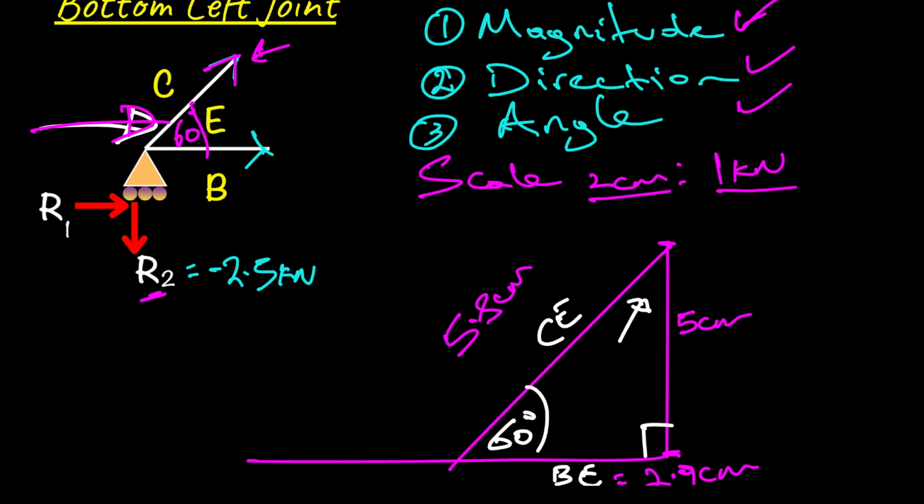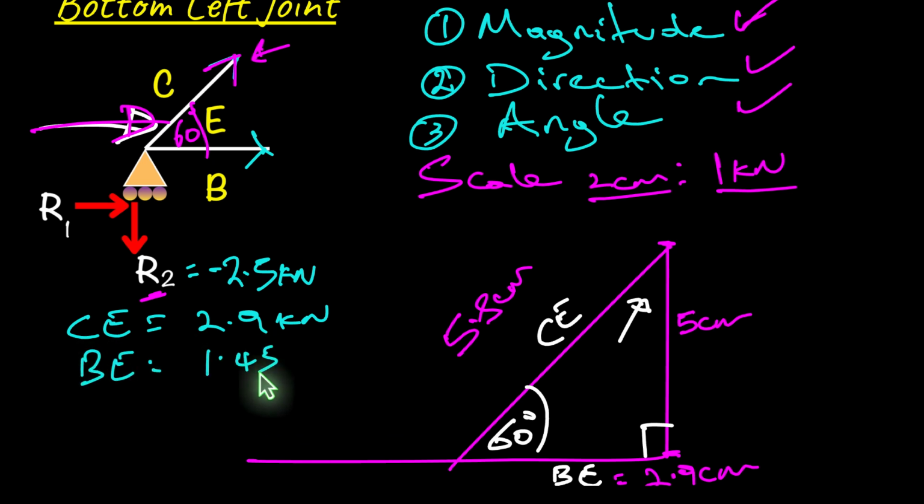So CE, when I divide 5.8 by 2, gives 2.9 kilonewtons. And when I divide 2.9 by 2 for BE, BE is going to give 1.45 kilonewtons. And we already know that R2 is negative 2.5 kilonewtons.